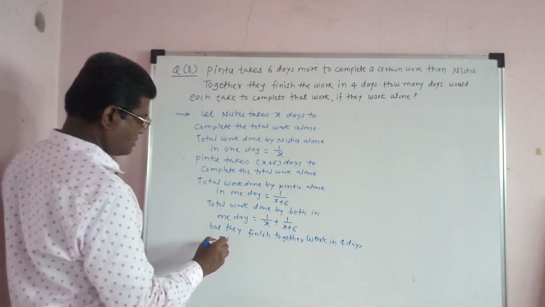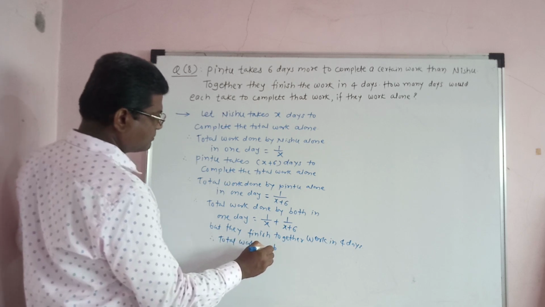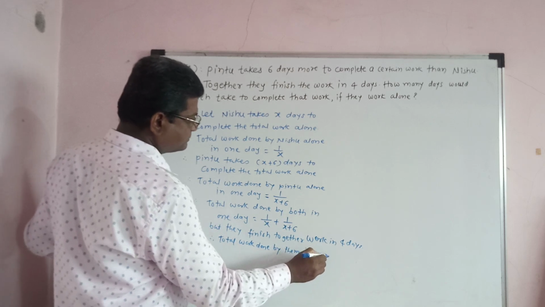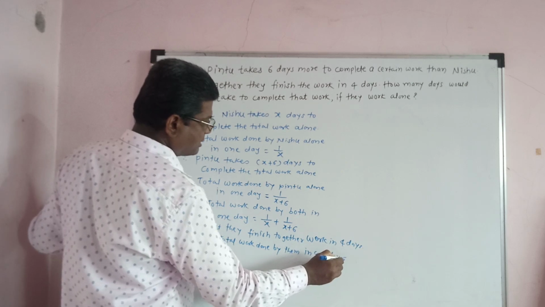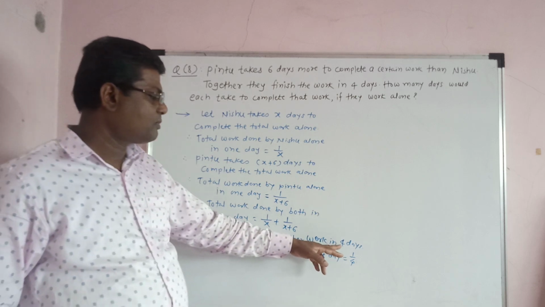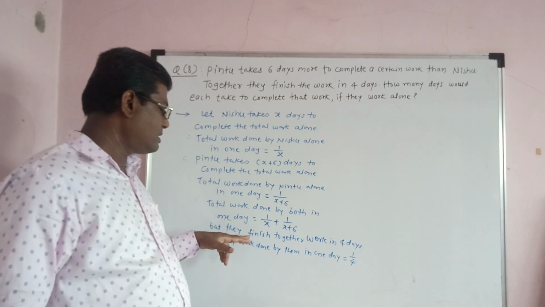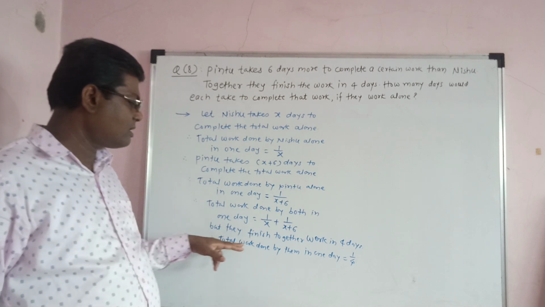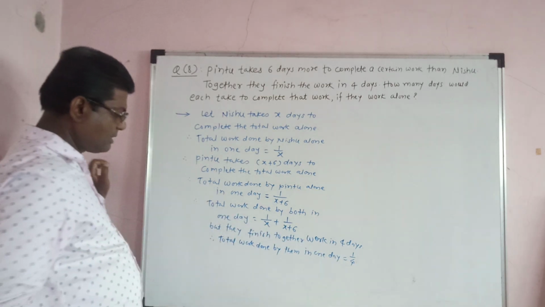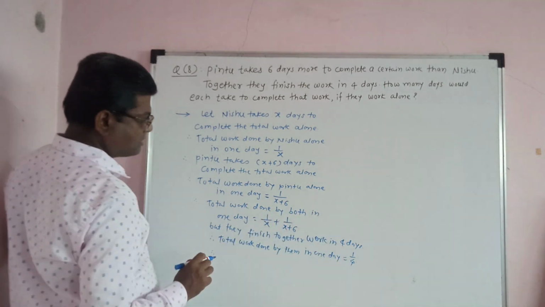Therefore, total work done by them in one day is equal to 1 upon 4. Here they require 4 days to complete the work when they work together. So work done by them in one day is also 1 upon 4. Therefore, this work done and this work done are equal.